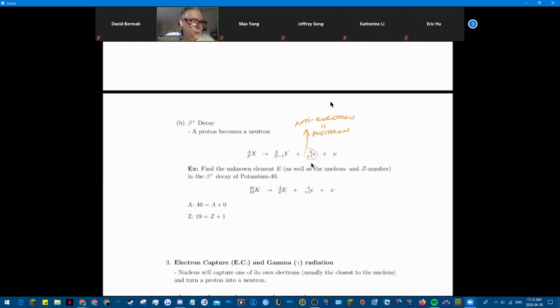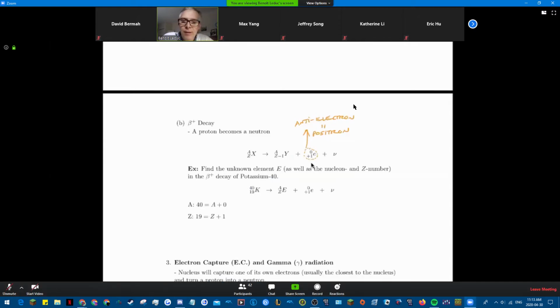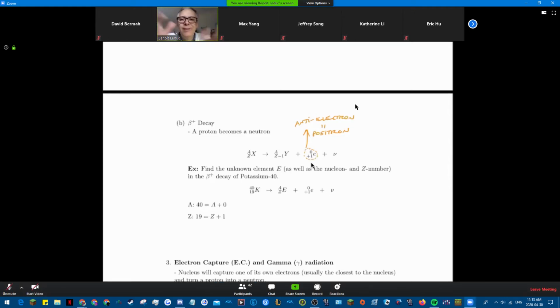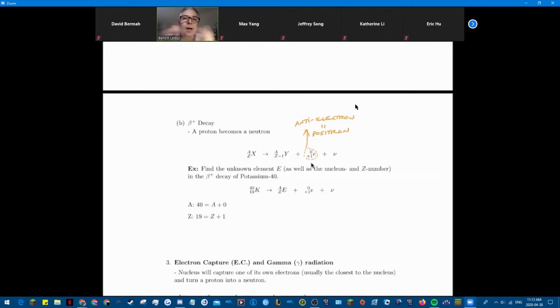An anti-electron is a particle of antimatter. We'll talk about this next year. It's exactly the same as an electron, except that the charge is exactly opposite. All subatomic particles have an anti-partner. So you have an antiproton. An antiproton has the same properties as a proton, except that it's negative instead of positive.